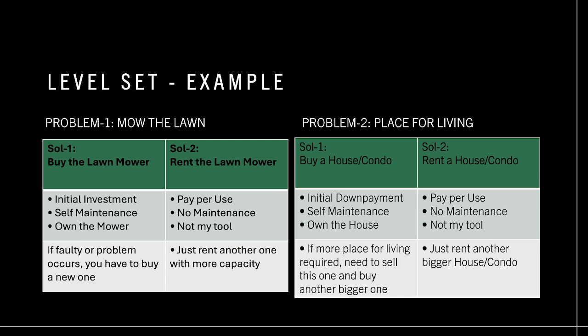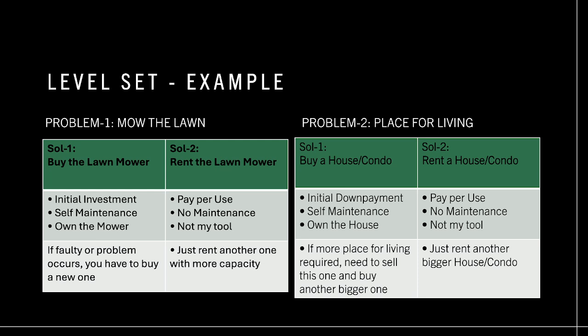On solution number 2, we can rent the lawnmower instead of buying. If we rent, we pay per use. When we use it, we pay. If we do not use it, we don't pay anything. Also, we don't need any maintenance, and because we rent it, the device is not ours, so we will return it.